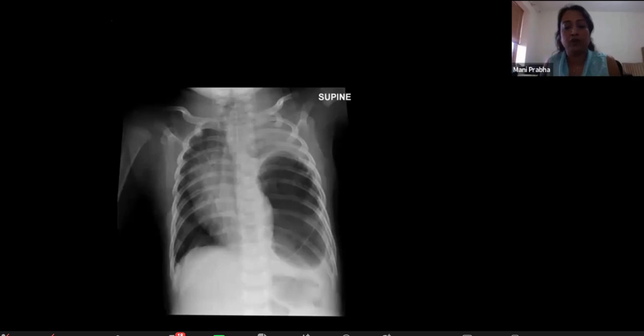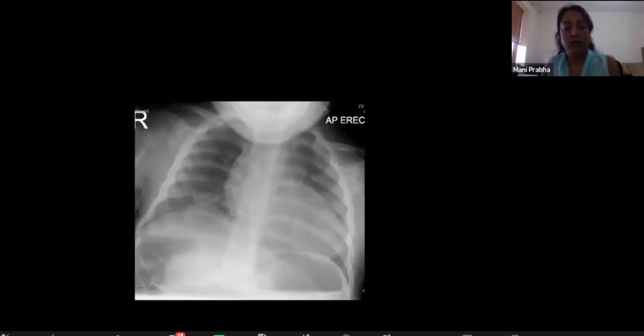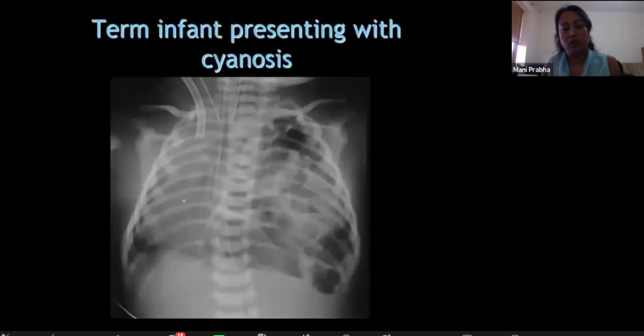If you can confirm the diagnosis, the patient goes straight for surgery. And usually they are associated with hypoplasia of the ipsilateral lung, because the lung hasn't had a chance to develop completely in the antenatal period. So this was the post-op X-ray of the same patient.